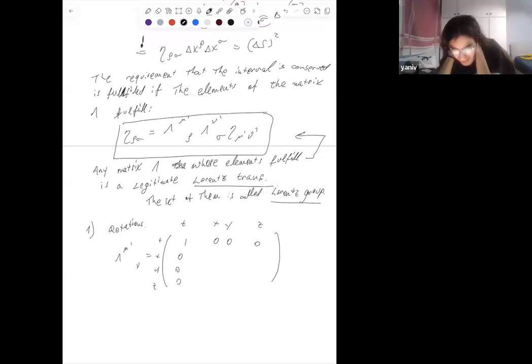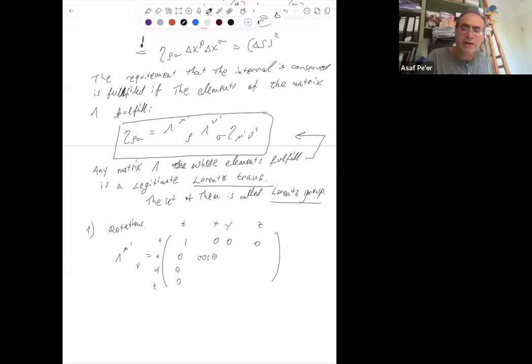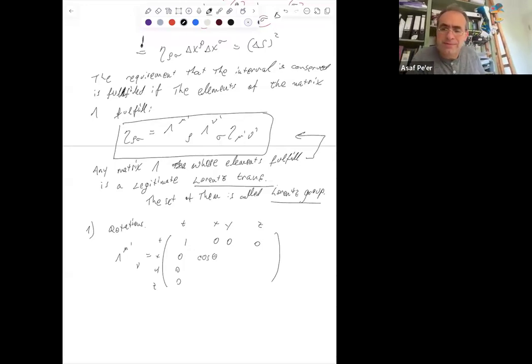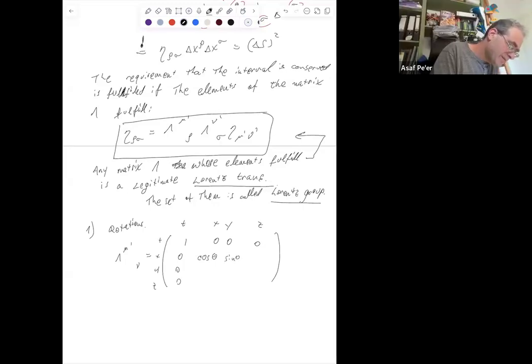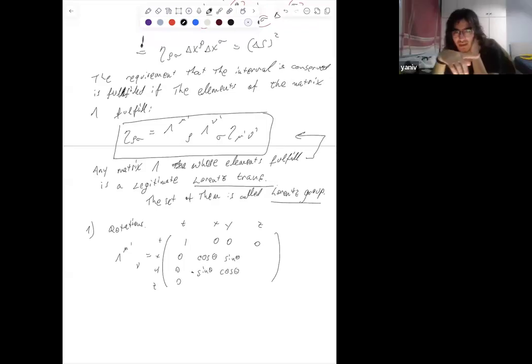Then cosine theta, sine theta, minus sine theta, and cosine theta. That's what you meant.